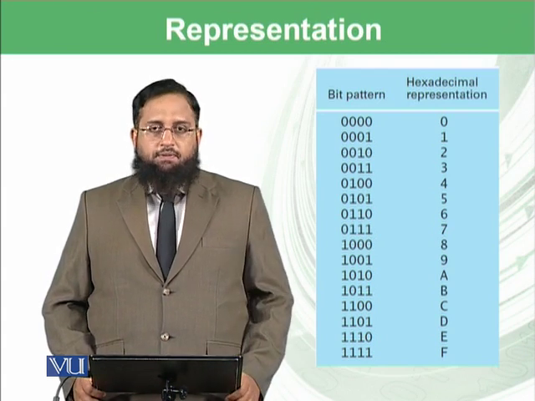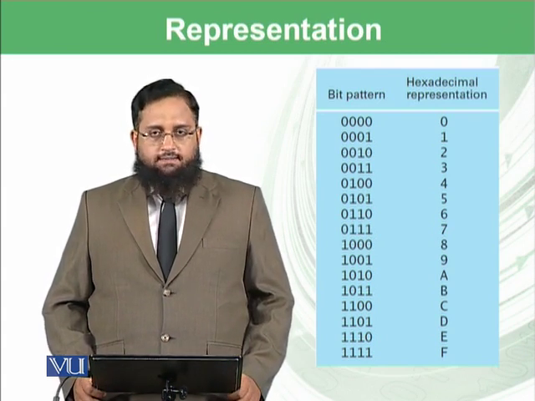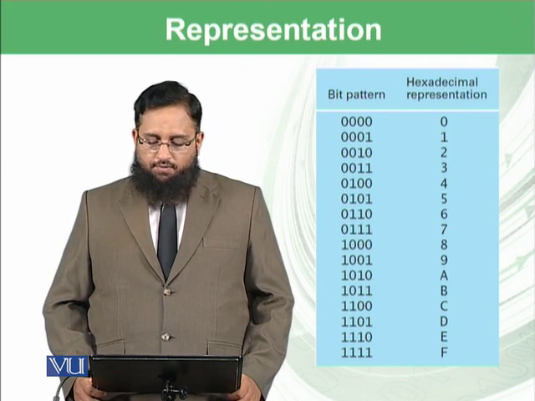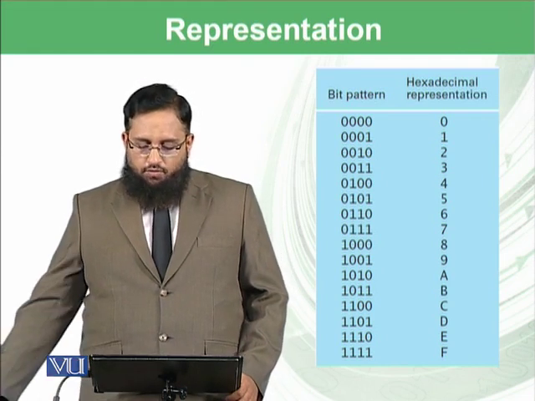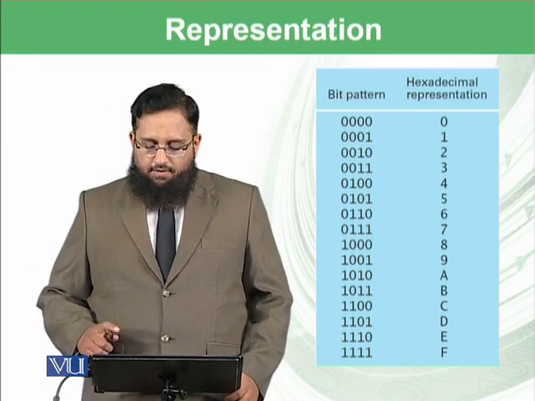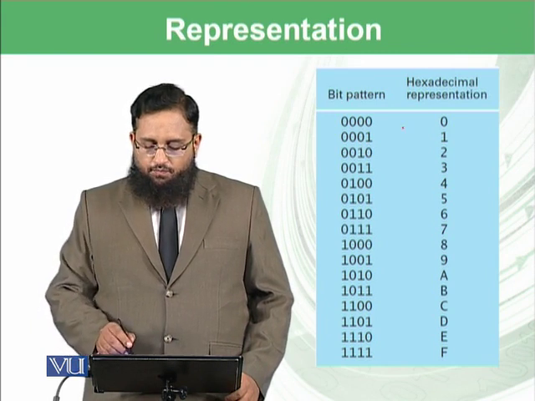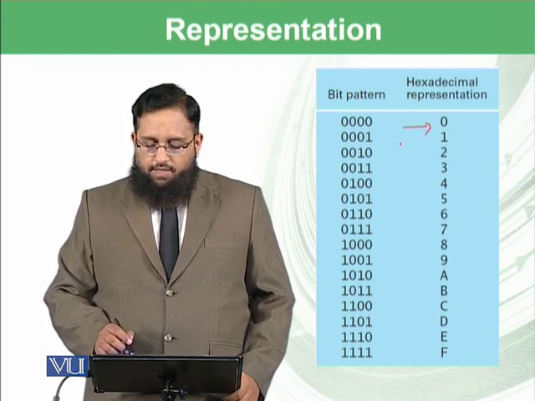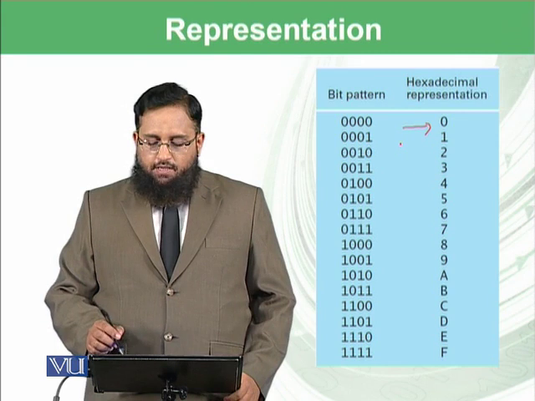So this is the hexadecimal representation for bit patterns, because we have a 4 bit pattern that would be represented by 1 symbol. So each bit pattern has a unique symbol.